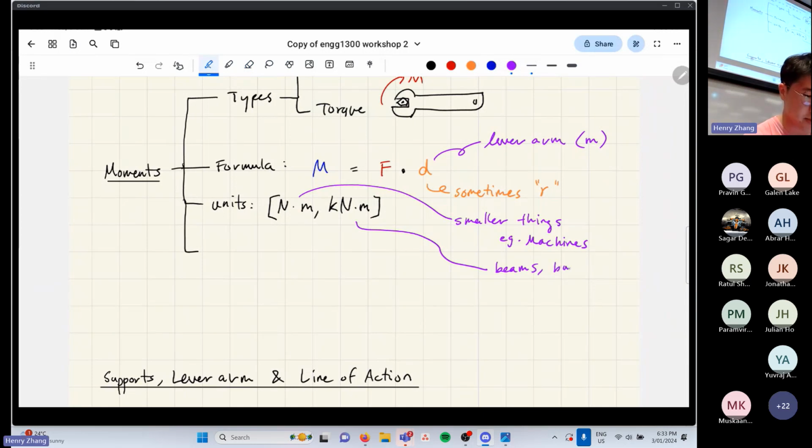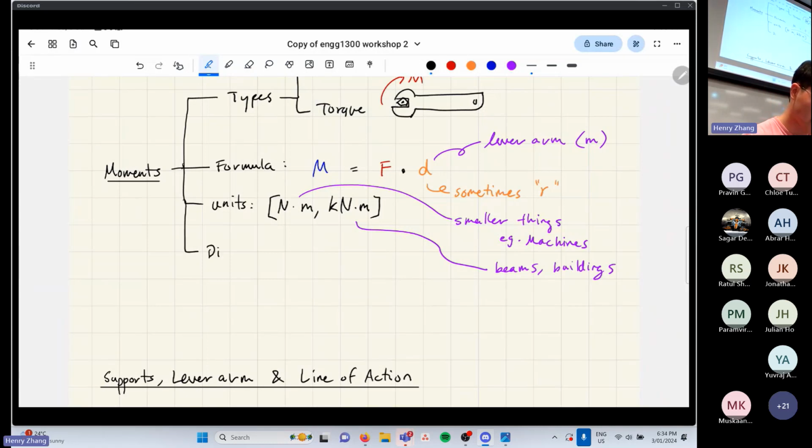I'll just say buildings. So civil engineers, when they're dealing with beams and columns and stuff, generally stick with kilonewton meters. Whereas some questions that I was doing in the mech school, they like to use Newton meters sometimes.